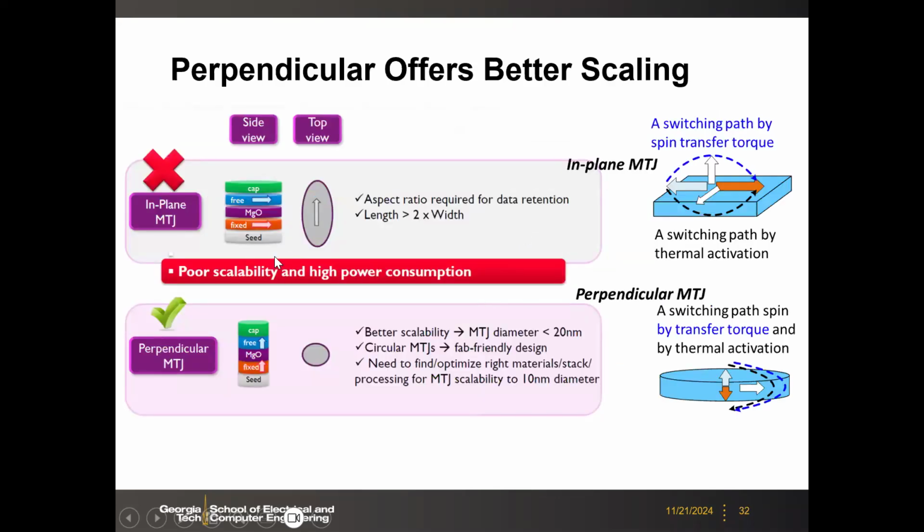So why? If you look at the in-plane MTJ, if you want to make it stable, you need to make this kind of anisotropic in the structure. So you need to make it more like a rectangle, right? If the magnet is, let's say, a circle, then there's no preferred direction. You can rotate to any angle if it's in the plane.